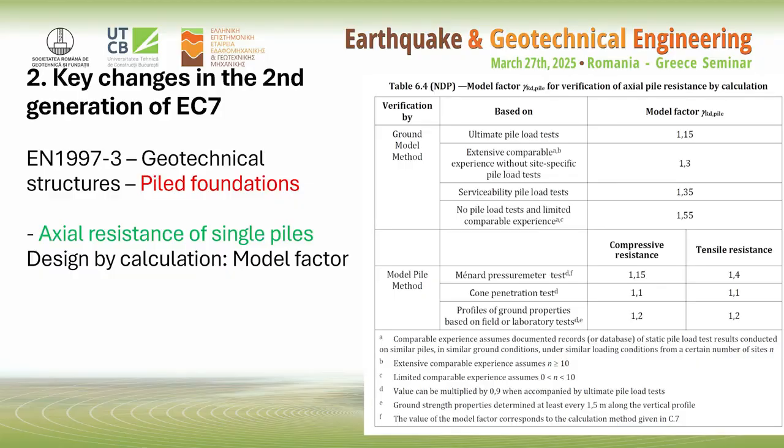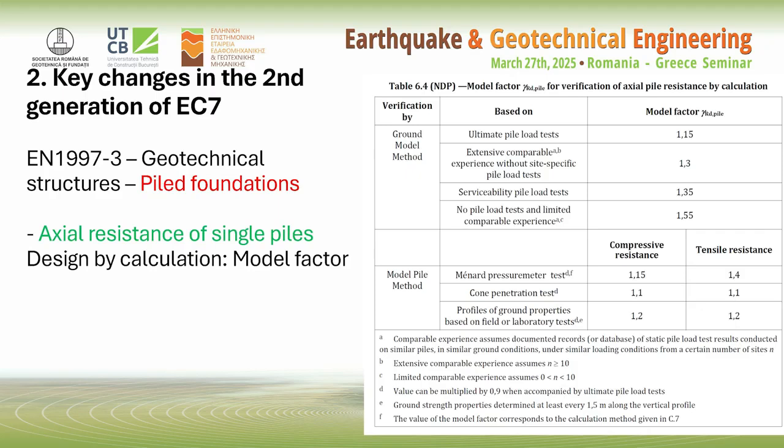You will find a very useful table with model factors. As I explained before, this model factor is intended to cope with the bias between the realistic value, because I cannot call it the real value. We don't know exactly, maybe in every case, what the real value is, but what we consider a more realistic value.